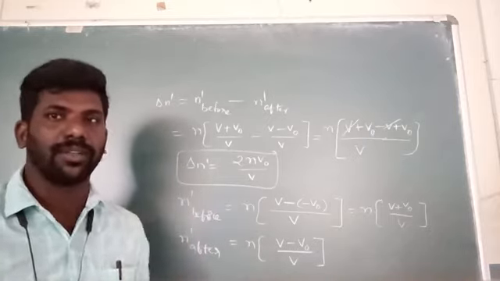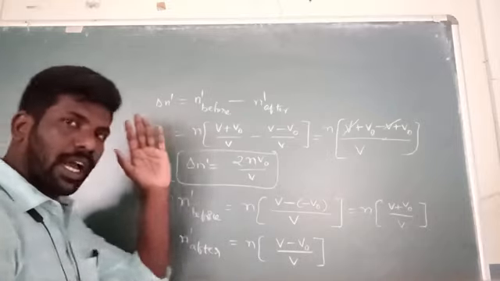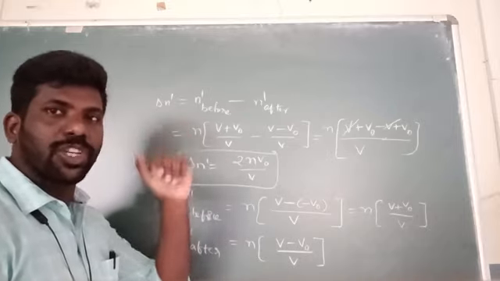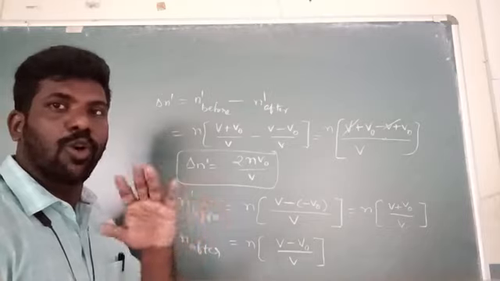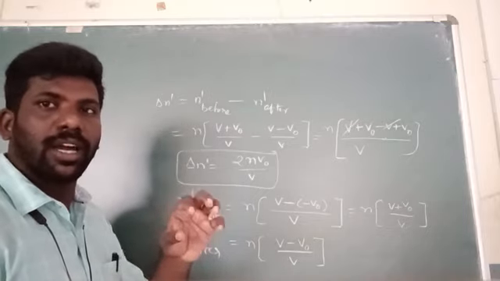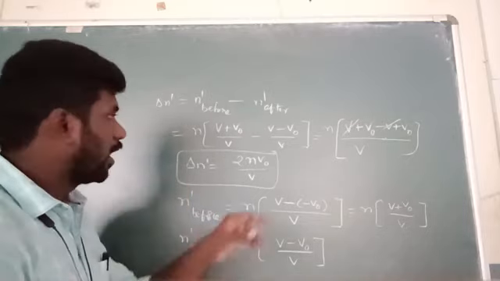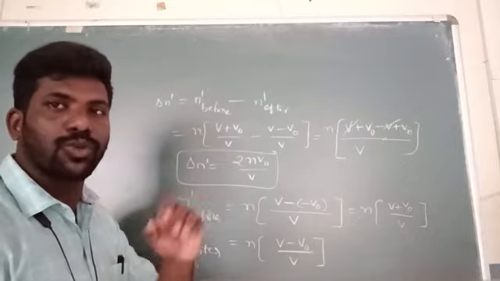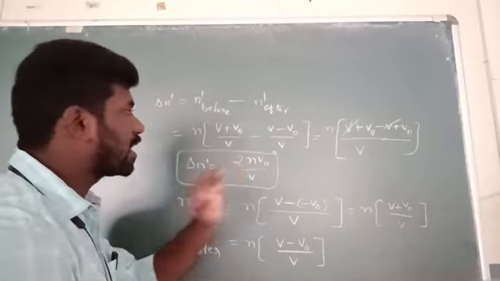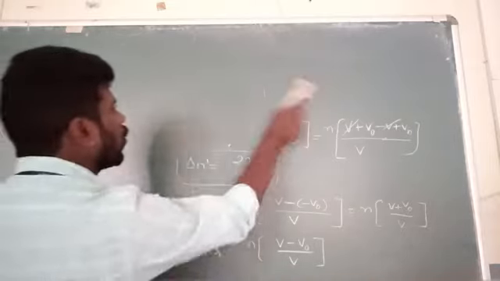Why? Because in the previous case the source is moving, so we take it as Vs, and there is no V naught because the observer is at rest. In this condition, the source is at rest, so Vs is 0, and we take it as V naught. These are the two conditions to learn the crossing conditions.